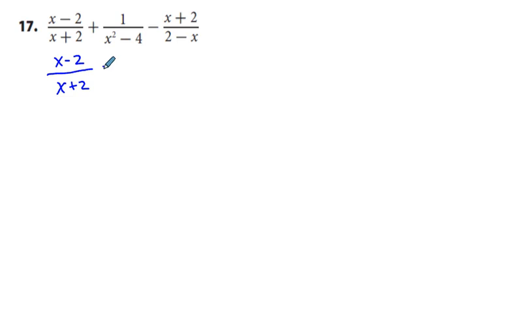And we have plus 1 over, and we're going to use a difference of squares to factor this denominator here, x minus 2, that's going to be x plus 2. Okay, and then on this last one, we're going to subtract out, we're going to have x plus 2.